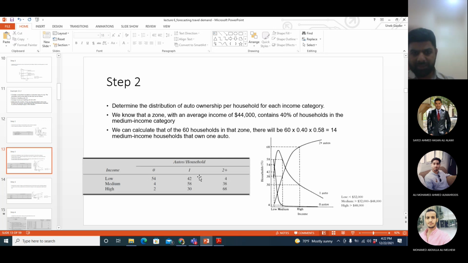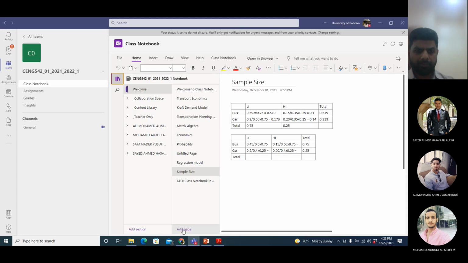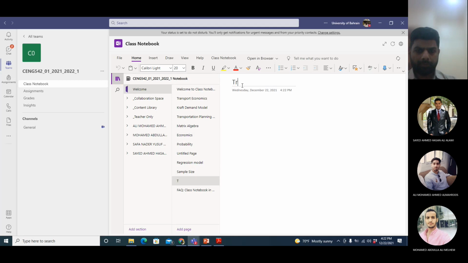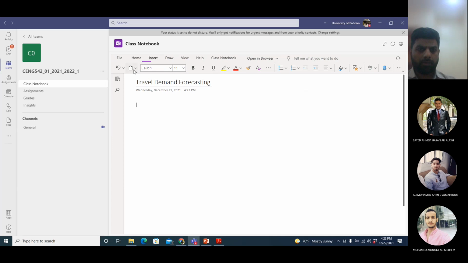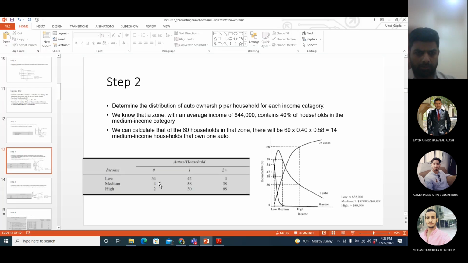These percentages, 54, 42, are from the first example.